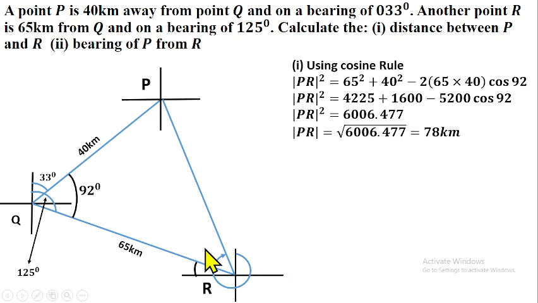From the north to the west, this is 270. If you can get the angle here, and also the angle inside the triangle, add everything together, that will give us the bearing of P from R.